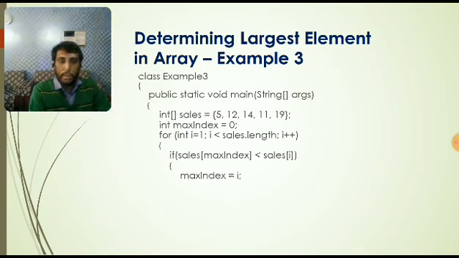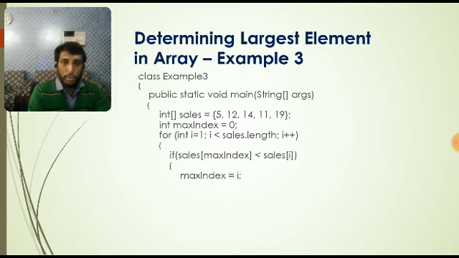So the maximum, which was 0, now became 5 because the first check is true. And like this, if 5 is less than 12, yes, 5 is less than 12, that is true, then the maximum will be 12. Again it will check because it is inside this for loop.